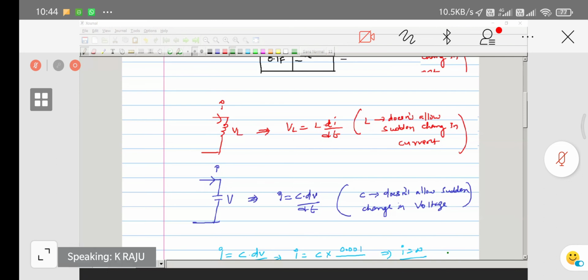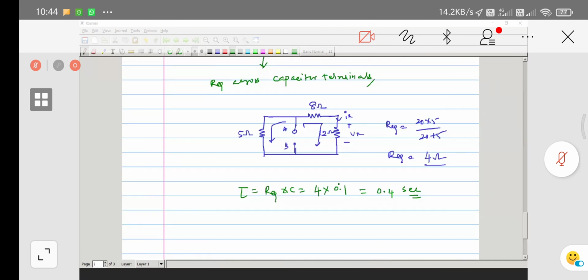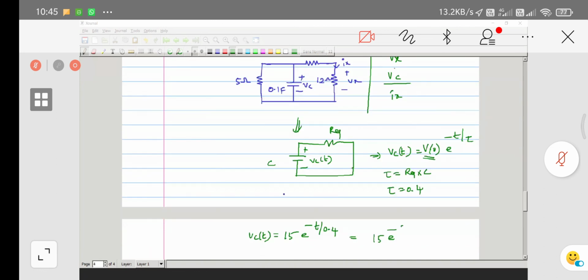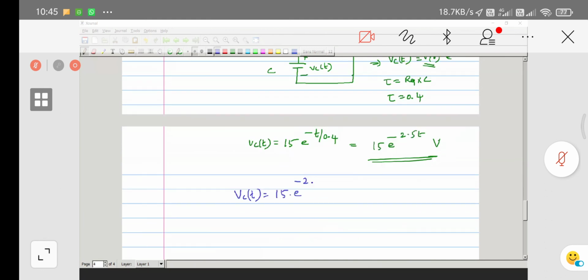You can get 15 e to the power of minus 2.5 t, which is the voltage across the capacitor for t greater than 0.